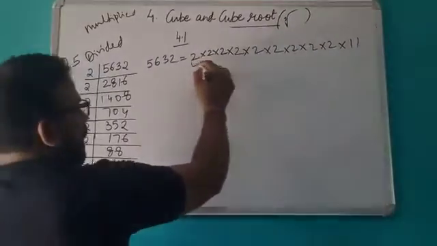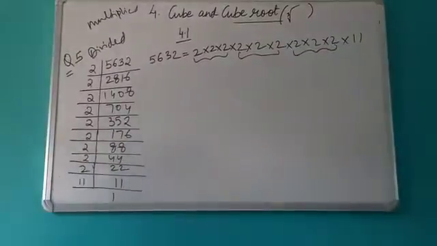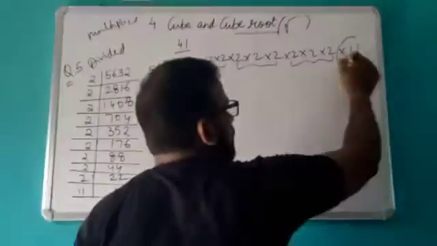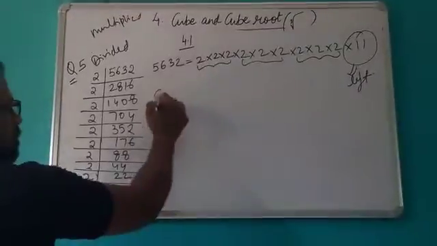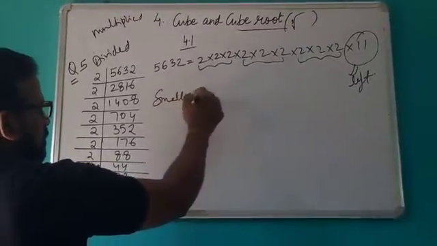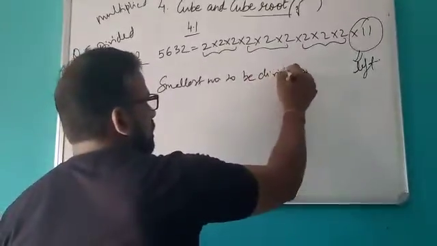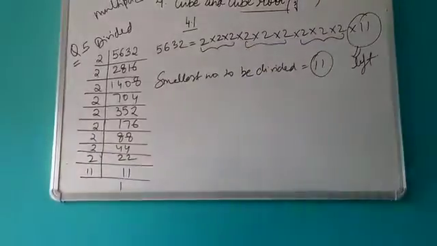When you make the groups, 3 groups are there, but after making the groups, this 11 is left. So the smallest number to be divided by is 11, whatever number is left.